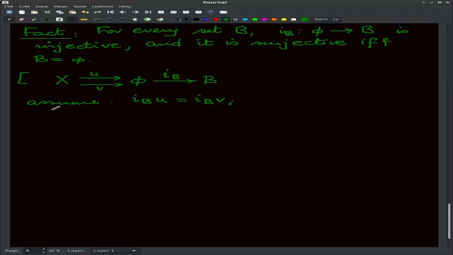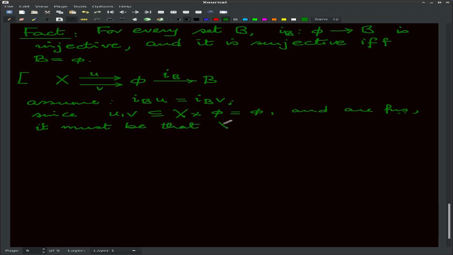So therefore, since u and v are both subsets of this and are functions, it must be, remember we did this earlier, that X is the empty set.